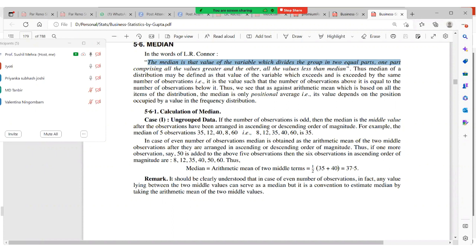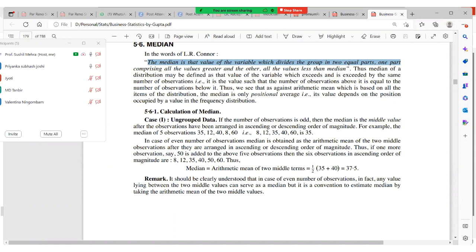One part comprises all the values greater than the median, and the other all values less than the median. So that is the centrally located value. It divides the data into two parts: half of the values are less than the median, and half of the values are greater than the median.